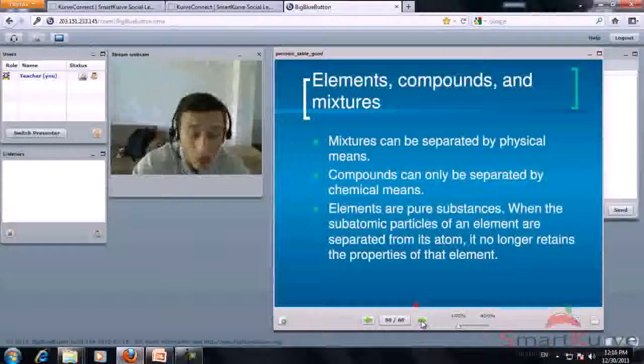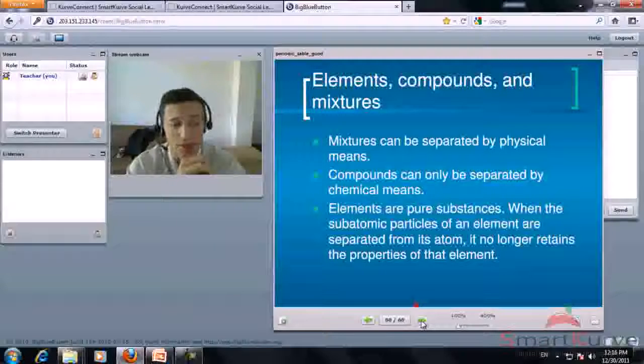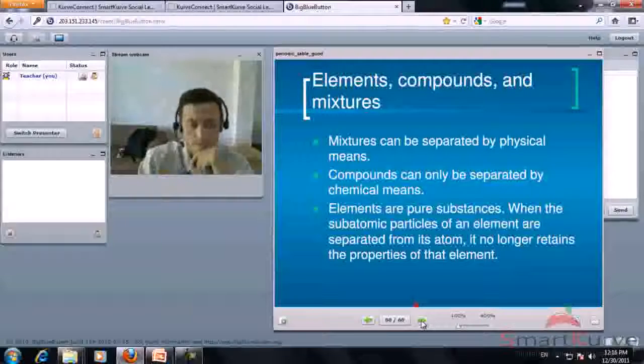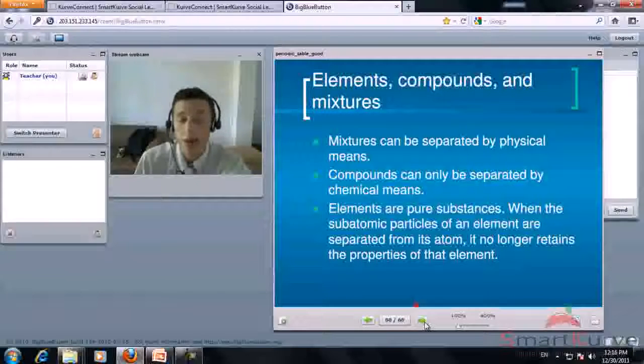If you could take one away, it would no longer be sodium. It would now have 10 protons, and it would be neon. And that's actually how they create new elements, by adding protons to the elements we already have. That's where those rare earth elements come from.